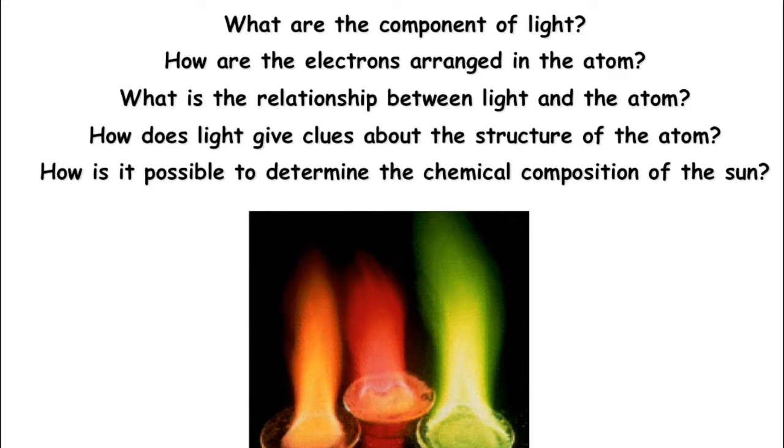What clues provide that information? How do we know that there are waters in the moons of Jupiter? What information provides that? And so this particular chapter will give you the knowledge as to how we're able to determine the chemical compositions of distant stars even though we haven't been there.